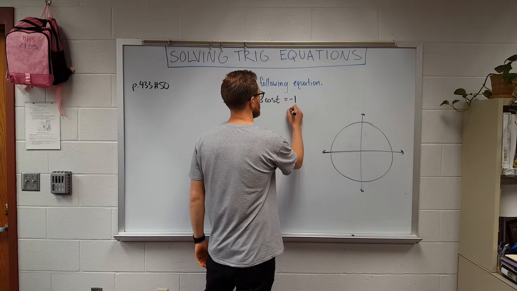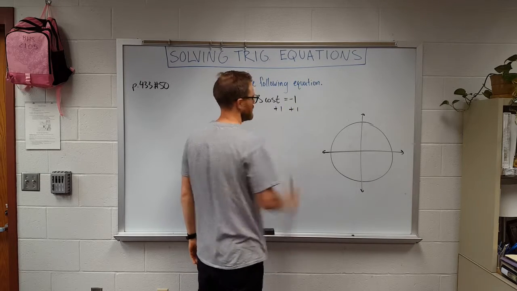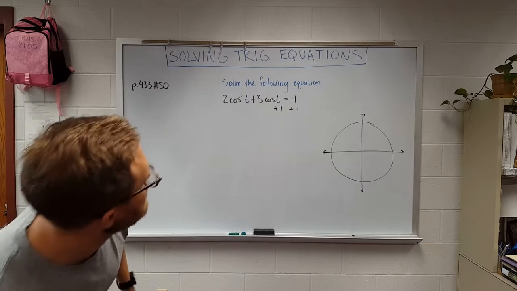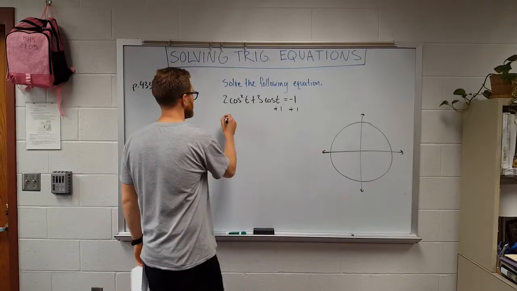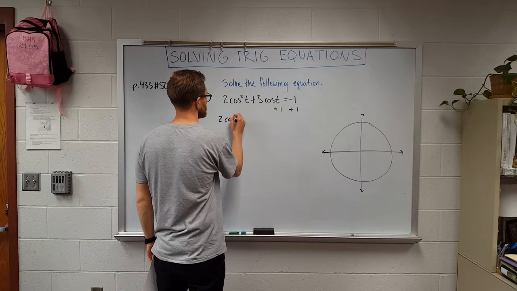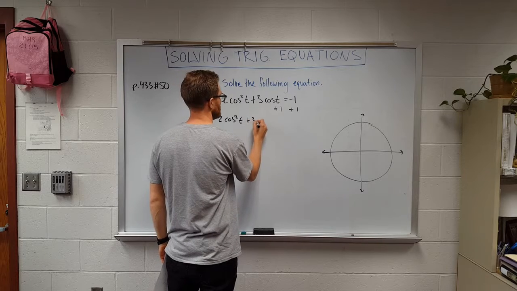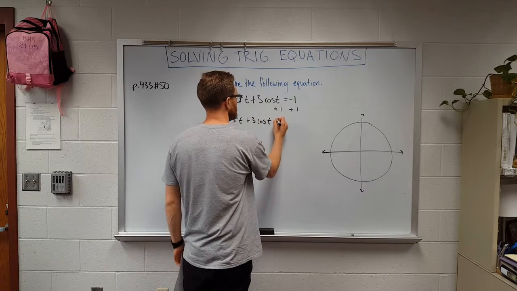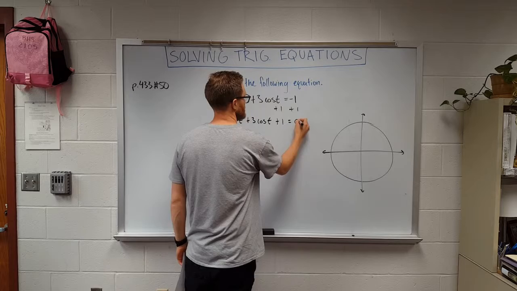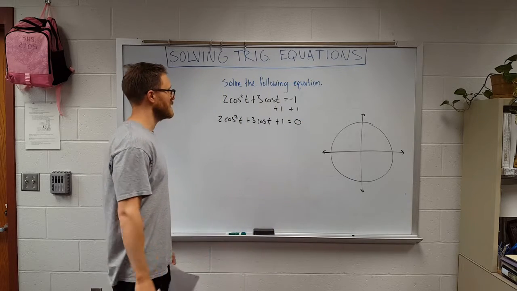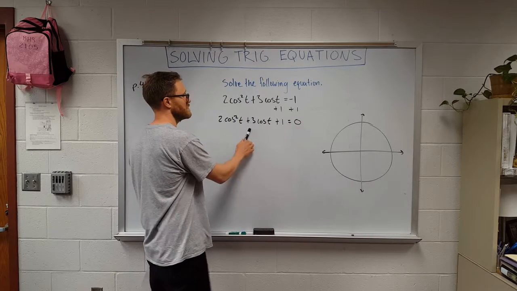So I'm going to add 1 here, and I'm going to add 1 here. All right. So I end up with 2 cosine squared t plus 3 cosine t plus 1 equals 0. And then I'm going to do a substitution for cosine.